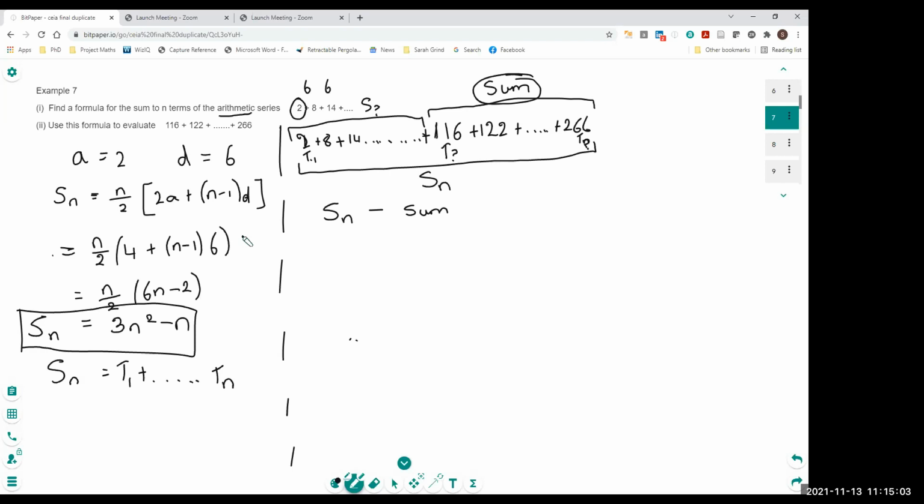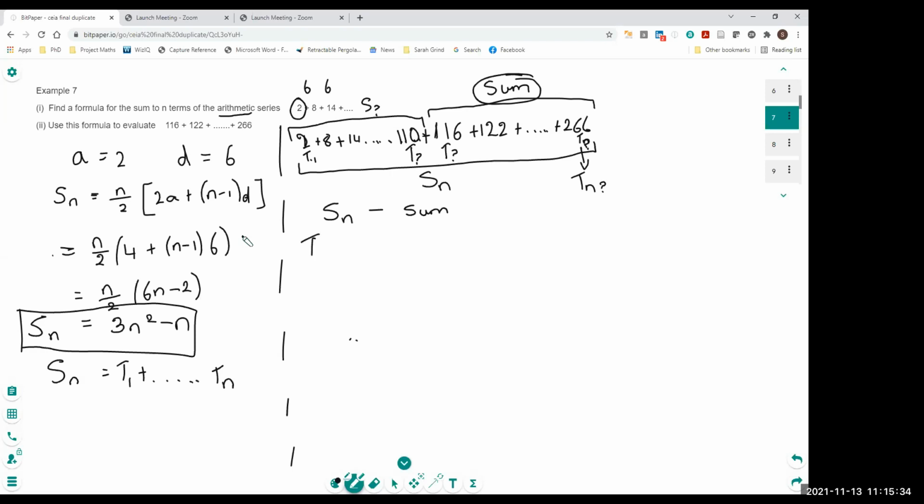So that means that 110 is the last term here in this sequence. But what is n for that term? So how do we find it? And we also need to know for 266, what is n in this as well, so that we can calculate S of n. We don't know what n is for each of those terms.